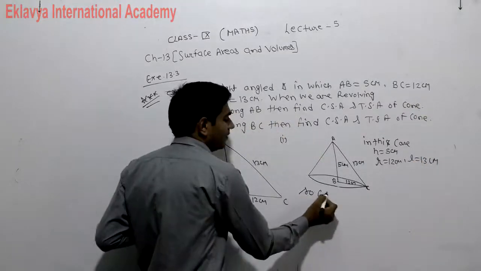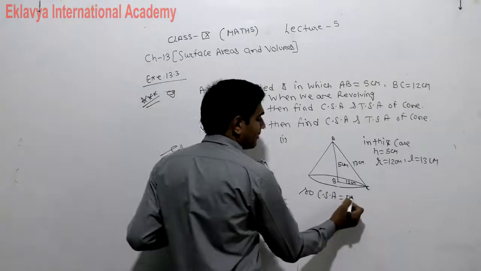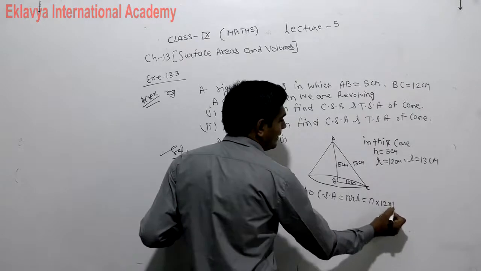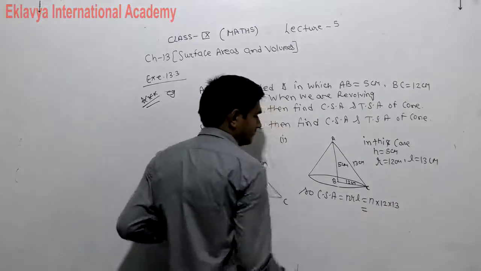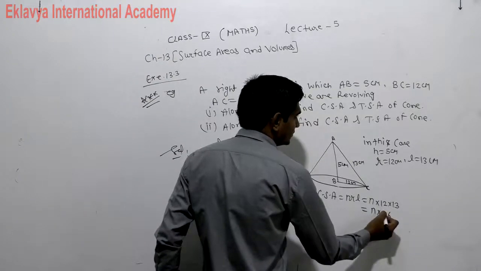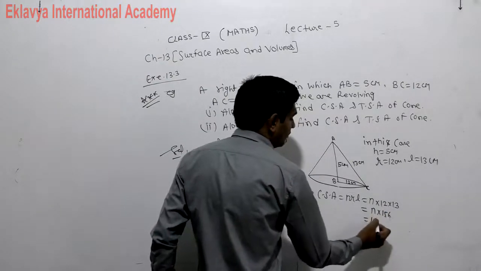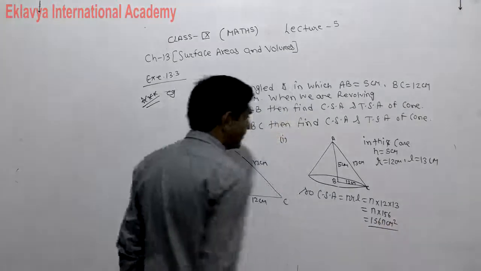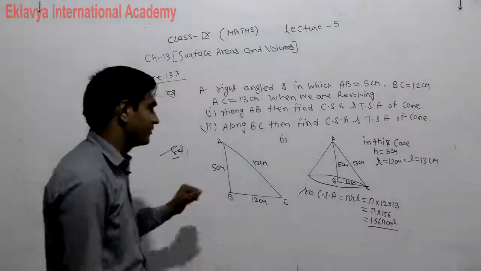So CSA is pi r l, pi, r value is 12, l value is 13. So the answer will come 156 pi centimeter square. That is the curved surface area.